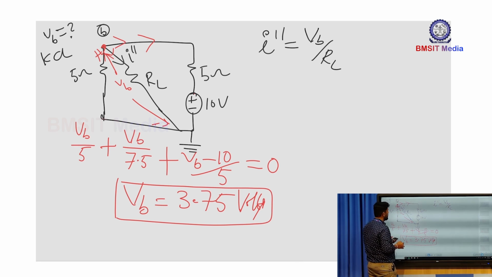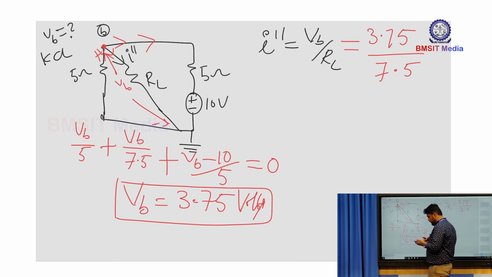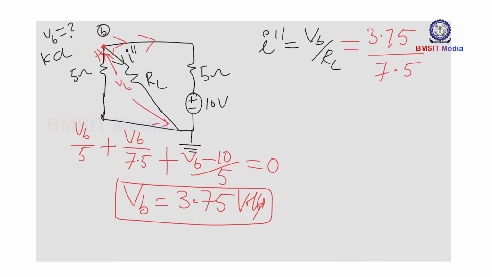But I am interested in finding IL double dash. Now substitute VB, 3.75, divided by the load resistance 7.5, which is given in the question. If you simplify, you get 0.5 ampere, that is your I double dash.